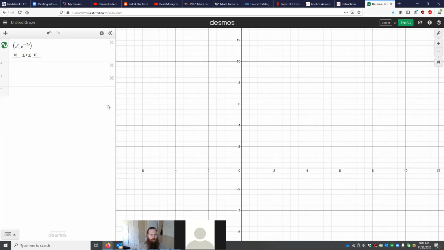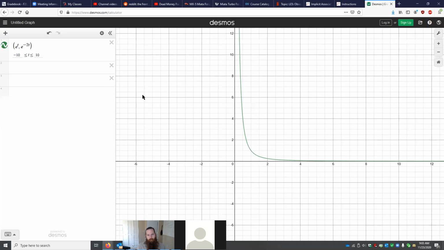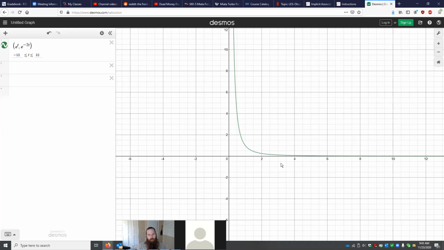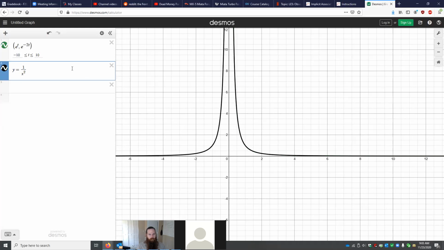Oh, why isn't this playing nice? Oh, negative 10 to 10. There we go. All right, and just like we did, you get the one branch of the y equals 1 over x squared. So here's the whole thing. Here's our guy.